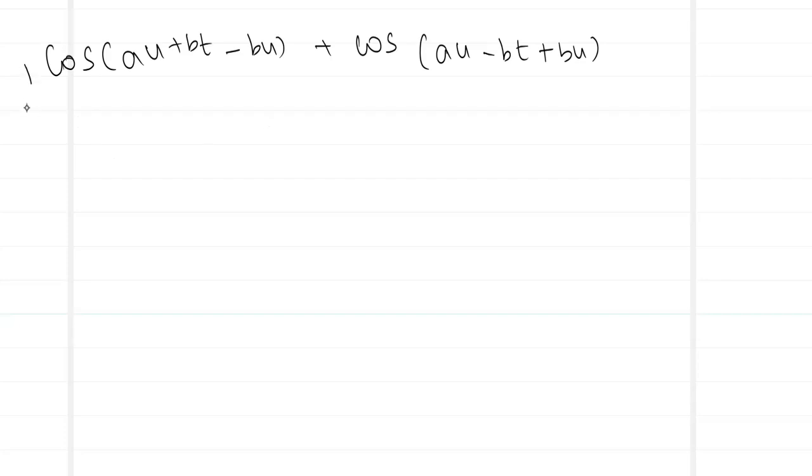So this divided by 2 comes outside, with the integral from 0 to t. The entire quantity has to be integrated with respect to u.